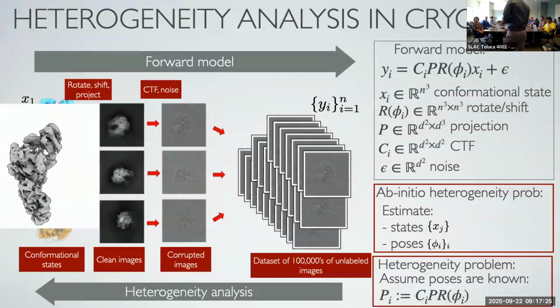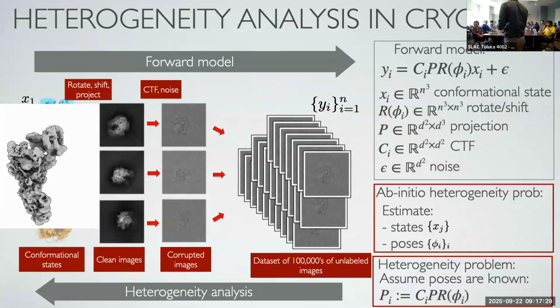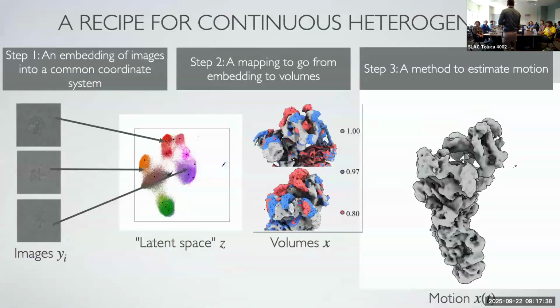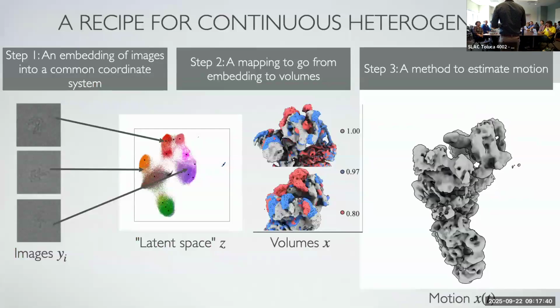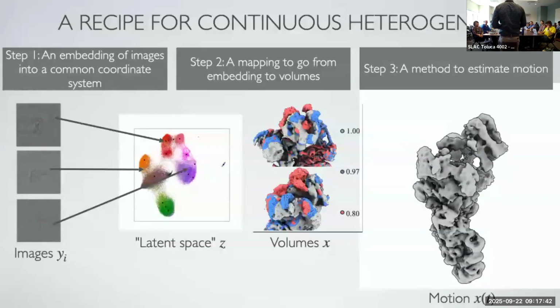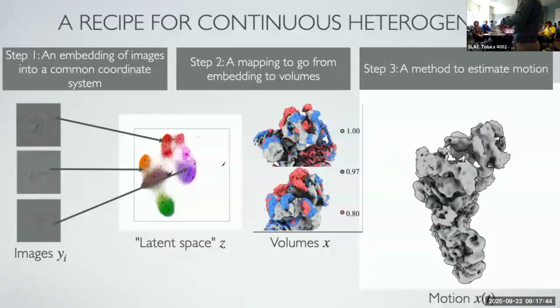Even more ambitious is not to reconstruct a sequence of states, but to reconstruct a movie like this one that displays the range of motion that a protein or biomolecule can take. There have been a lot of different approaches developed for this problem, but all of them fit into a single framework, which works in 3 steps.